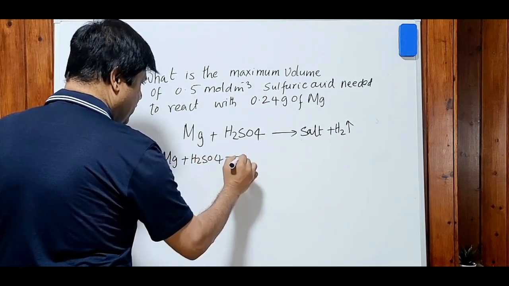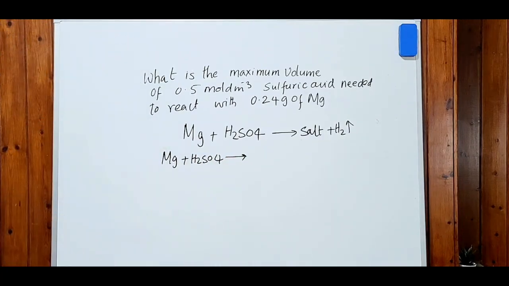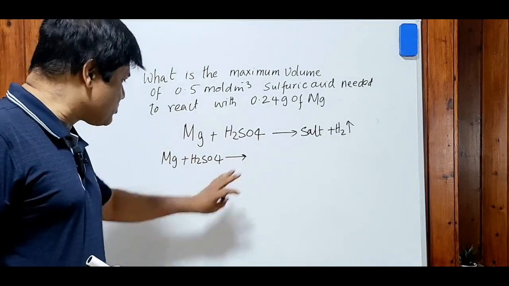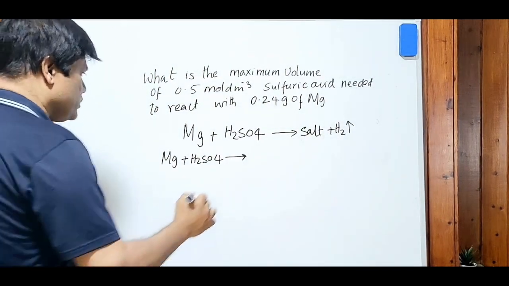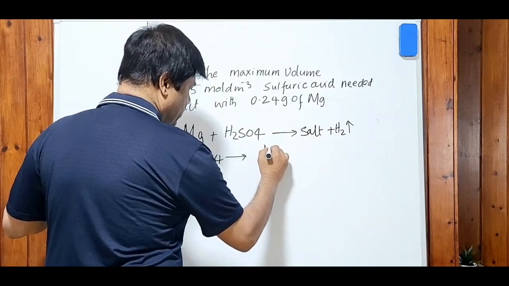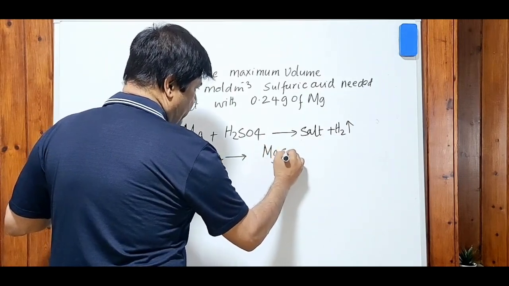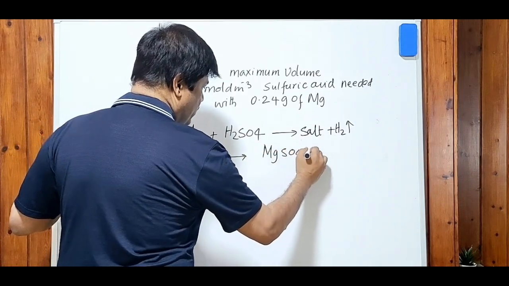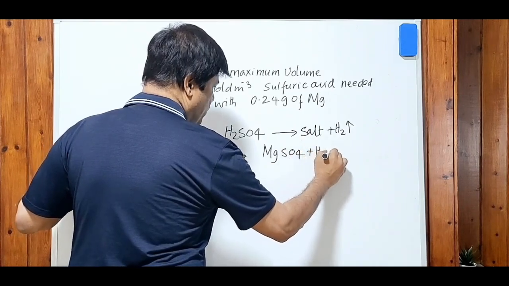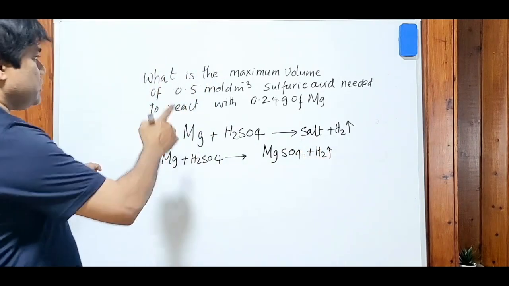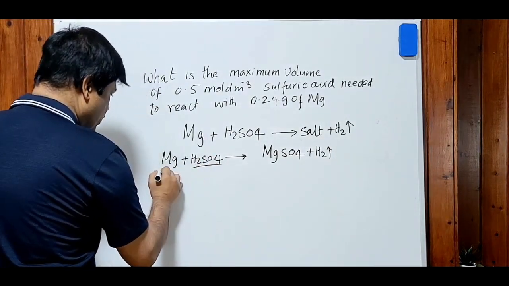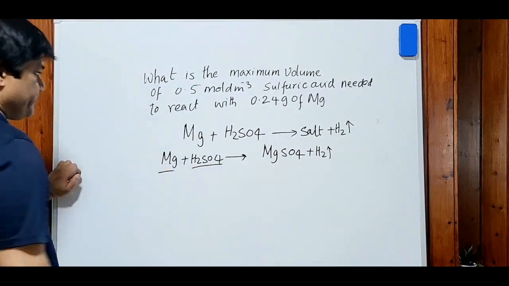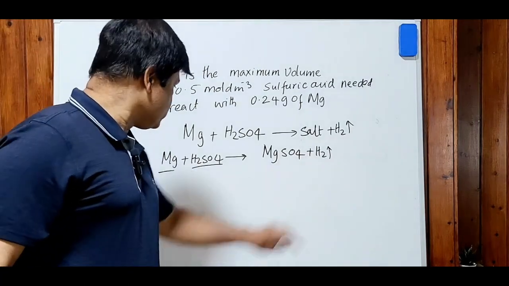Don't worry about the formula of magnesium sulfate, I will teach you in my future videos. So Mg, for the time being, look at the question: MgSO4 plus H2 gas. What is the maximum volume of sulfuric acid? We have to focus only on these two reactants. I don't want the product.